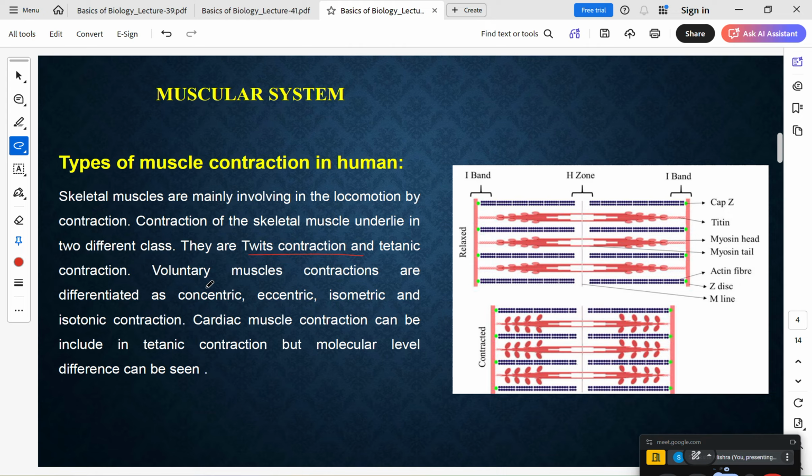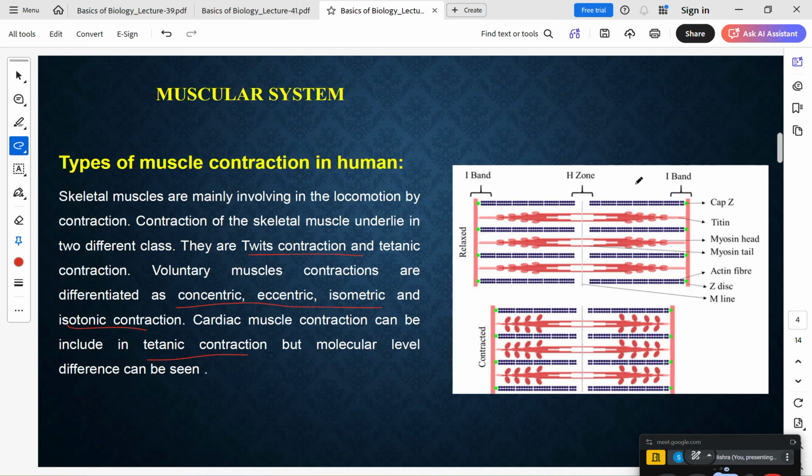There are also other types of contractions such as concentric, eccentric, isometric, and isotonic. Cardiac muscle contraction is also a kind of tetanic contraction, but there are molecular differences between voluntary and cardiac muscle contraction.